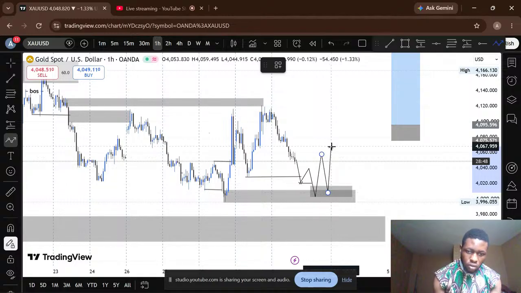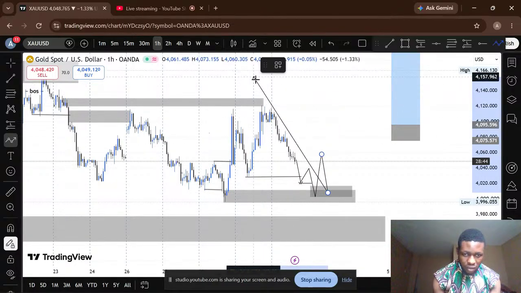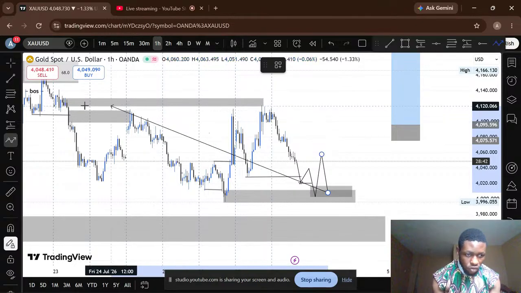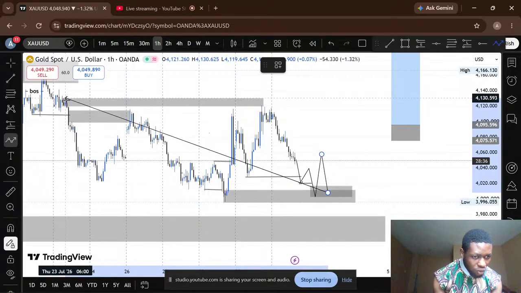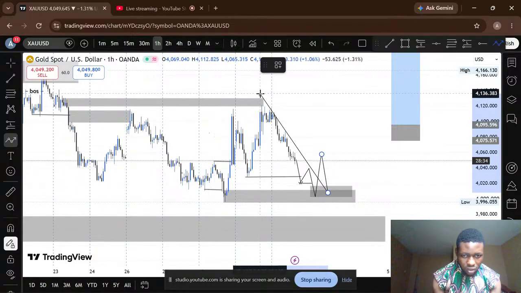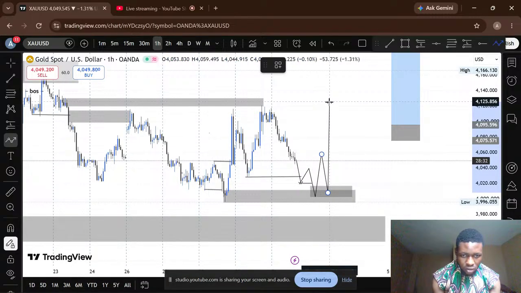Then you buy at this zone and target your TP because of this other block here. Okay, target your TP because of this other block.